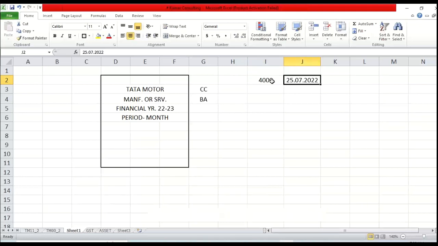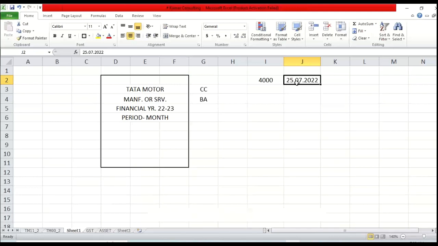So on this date, one invoice we have received from a particular vendor. Any invoice. It could be a rent related invoice, audit fee related invoice, or a fuel expense, whatever invoice is there.